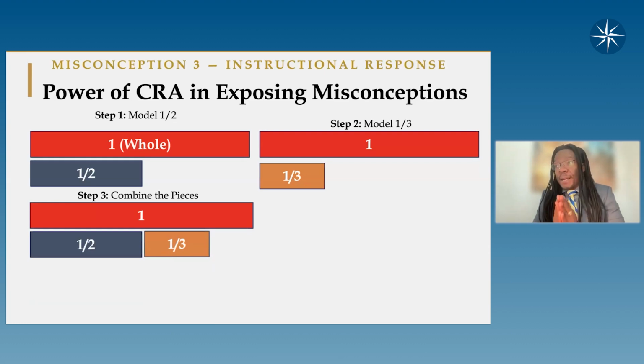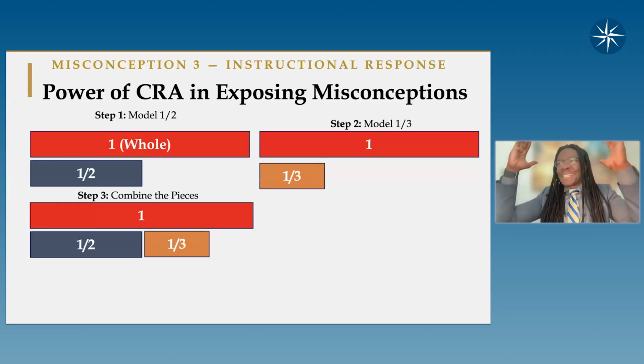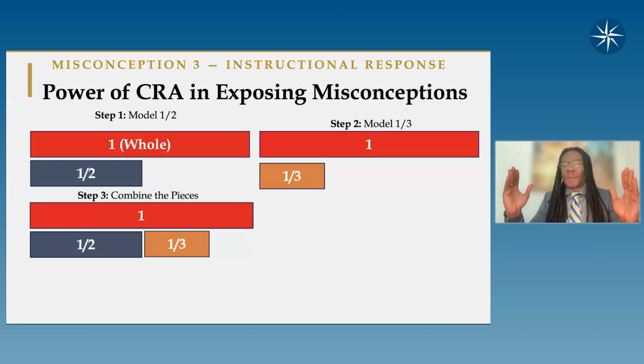If we help students to understand mathematically that when we are saying something is equal to, it means that it must be the same. So 1/2 plus 1/3 is equal to 2/5. That's the misconception. So if I put 2/5 on the table, they must be the same length.